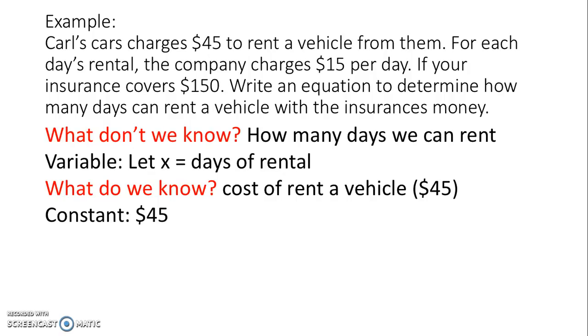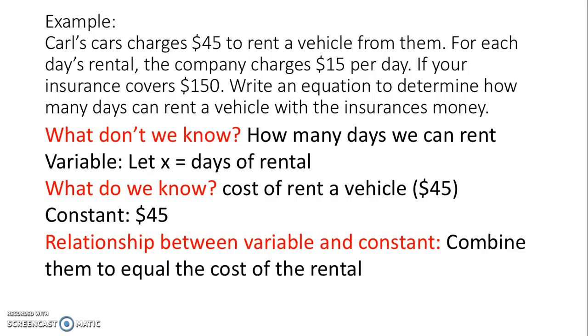Okay? So now we need to know the relationship. The relationship is we need to add how much it costs per day for however many days we're renting the vehicle, and the cost of the down payment, to get $150. So our relationship is to combine them to equal the cost of the rental. So to find the equation now, we know the insurance is going to cover $150, so we want to set it equal to $150.